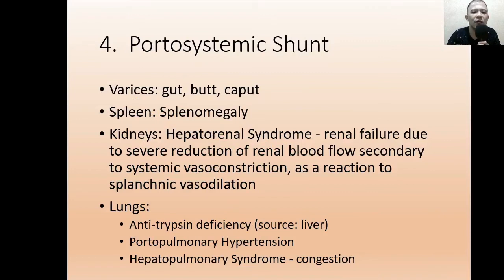So from the portal system, portal circulation, there is a shunt towards the systemic. So as seen in the varices, esophageal varices, you also see the caput medusae and the hemorrhoids, so gut-butt-caput, splenomegaly.